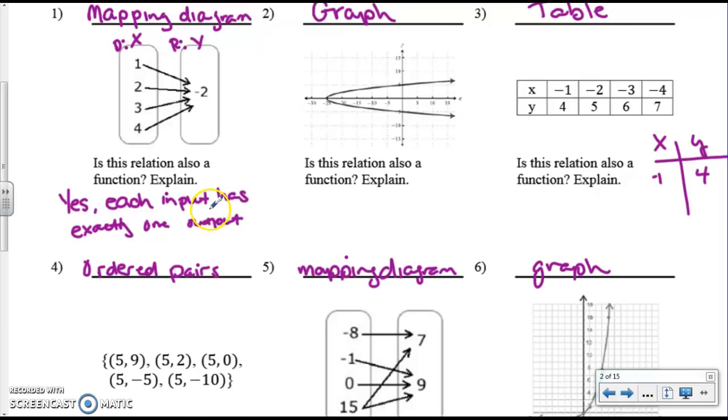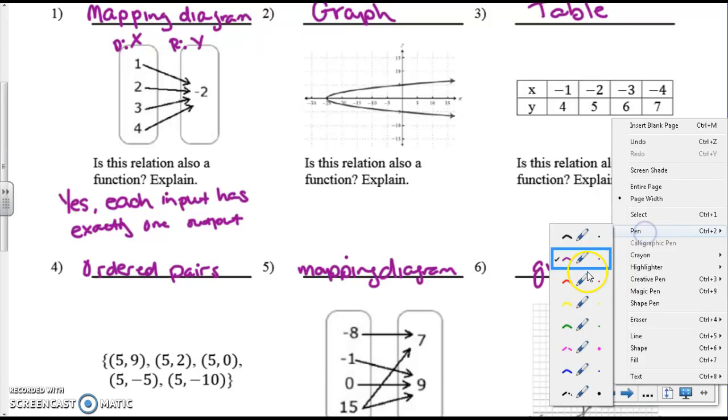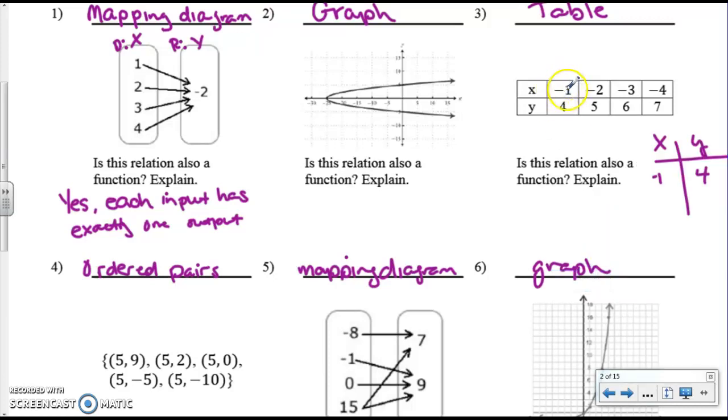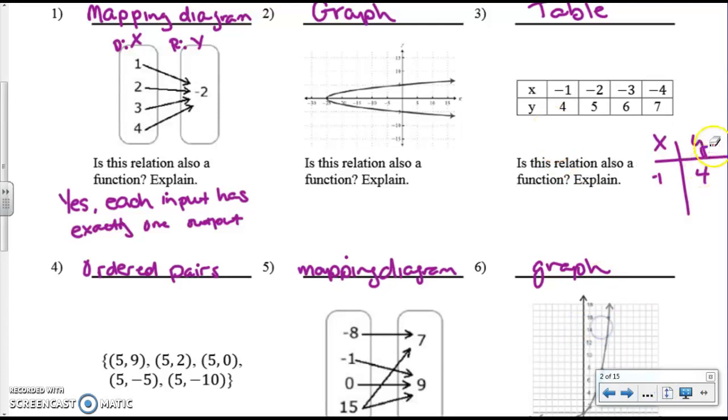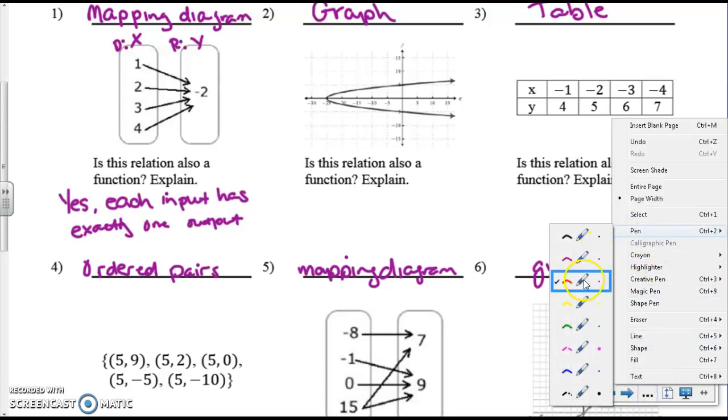Okay, so let's look at the table. Notice in this table that negative 1 only shows up here once. Okay, so that's kind of like saying there's only one arrow there, or I could make this a mapping diagram if I wanted to. And if each x value only shows up once in your table, that means it is also a function.